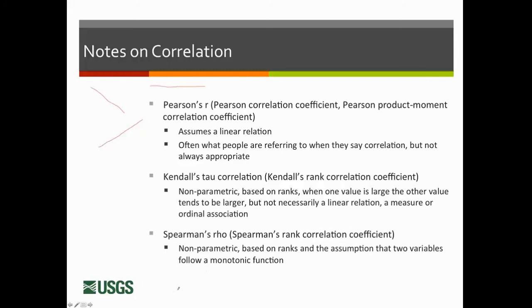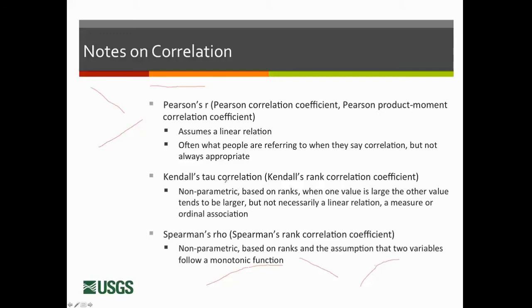The monotonic function assumes that if both variables are increasing, they are always increasing, but there can be some curvature in that. It's not a strict linear function, but it's not curvilinear in the sense of reversing. So it's often represented by a curved line going up like that.